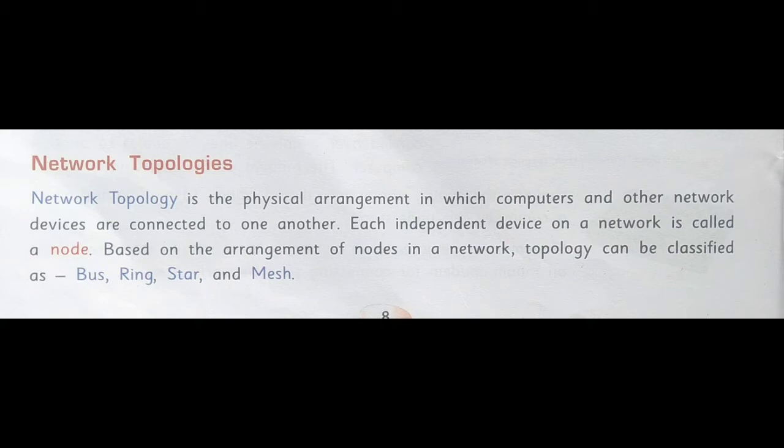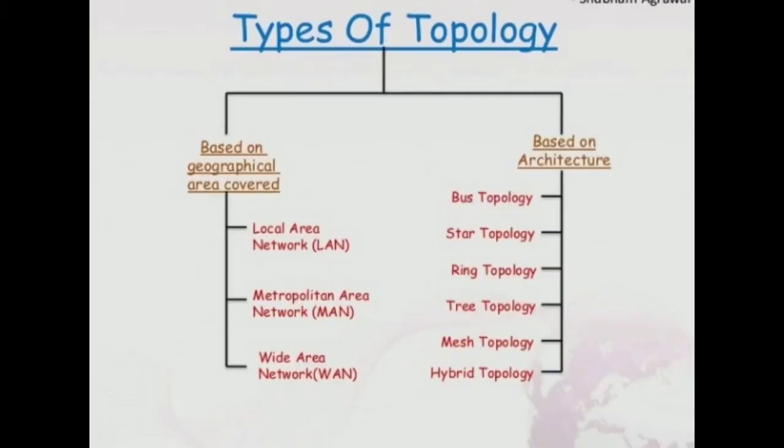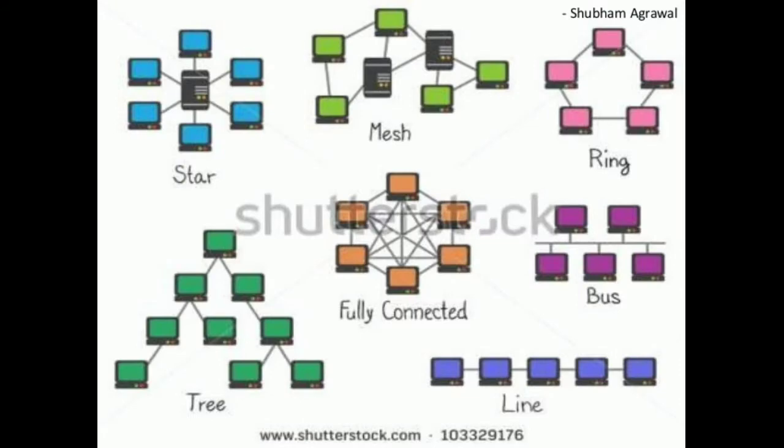Based on the arrangement of nodes, network topology can be classified as bus, ring, star and mesh. Based on geographical area covered, there are local area network, metropolitan area network and wide area network. Based on architecture: bus topology, star topology, ring topology, tree topology, mesh topology, hybrid topology. This is a small example of topology.